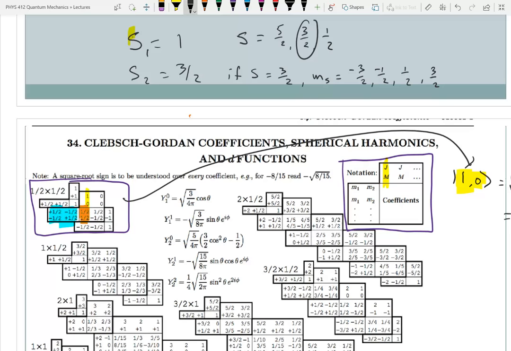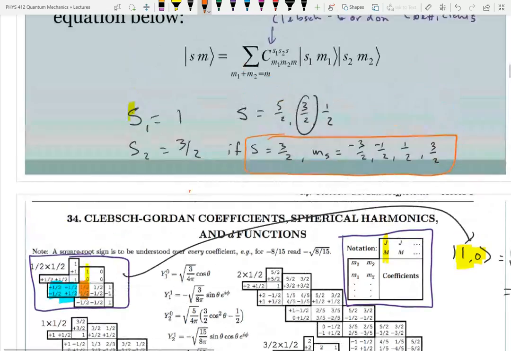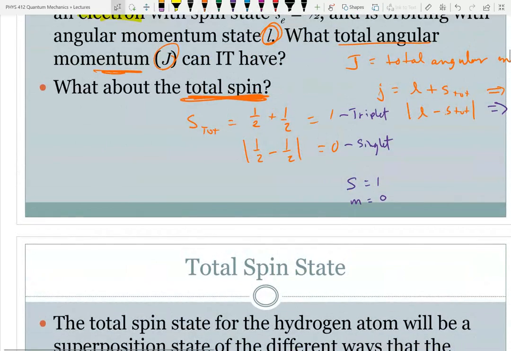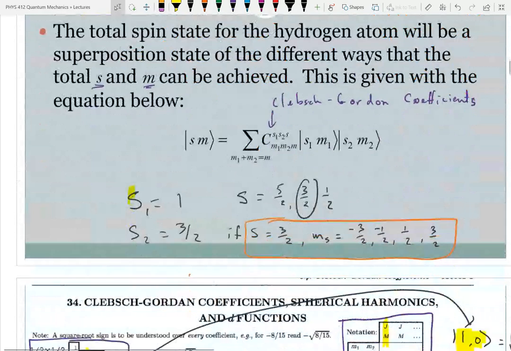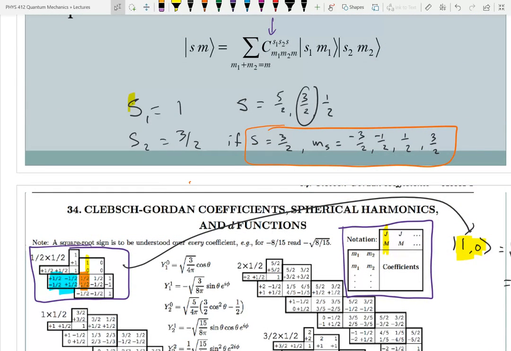Okay, so how would you term this state? We had singlet states and triplet states here for the spin equal to 1 or 0. What would this be? It'd be a quadruplet state.